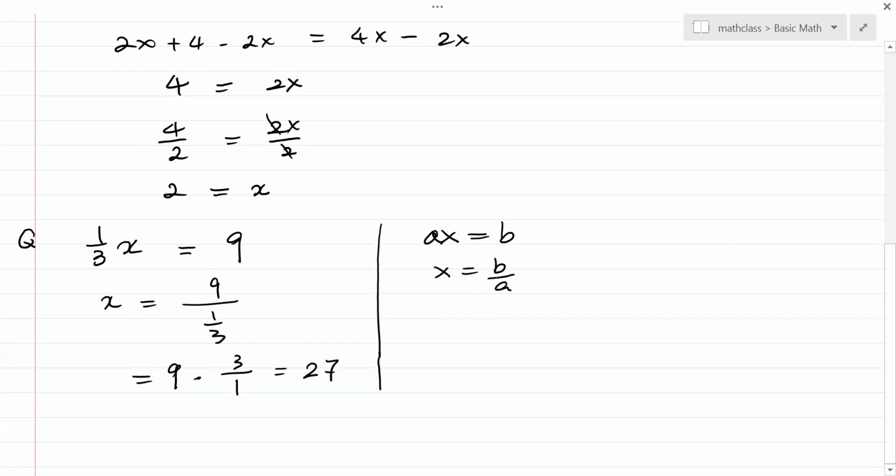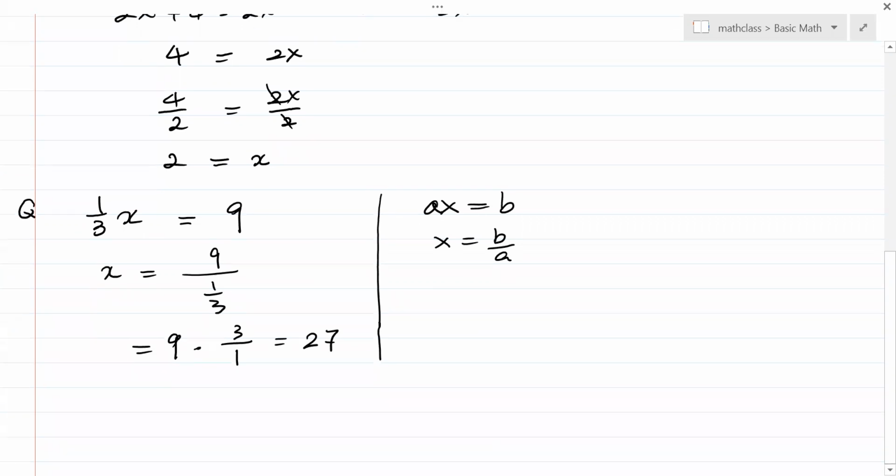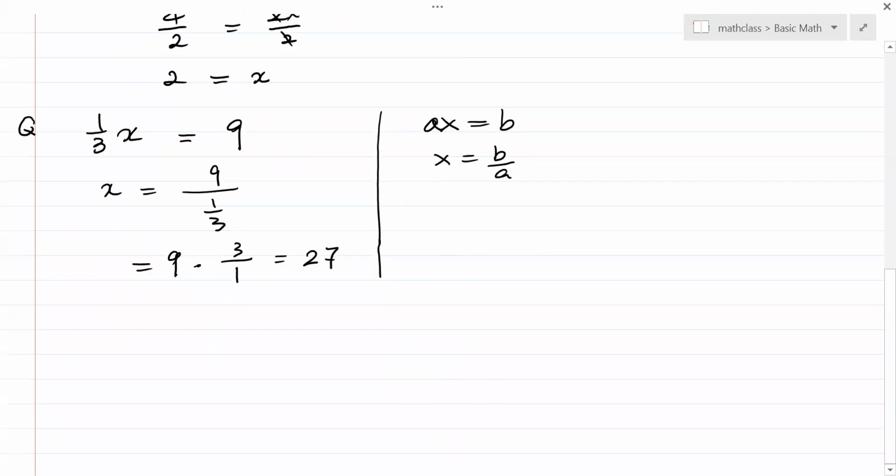Now, how do we get x equals b over a? You divide both sides by a. If I divide both sides by a, then you get x equals b over a. But you can also go case by case. For this 1/3 of x, I don't like fractions in the computation, so you can get rid of the fractions first before you simplify. What you do is multiply both sides by 3.